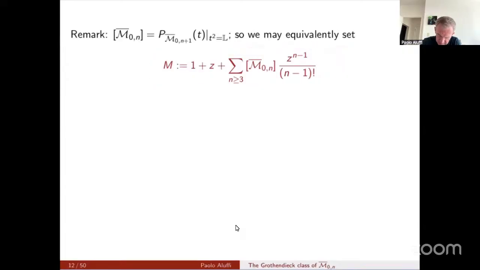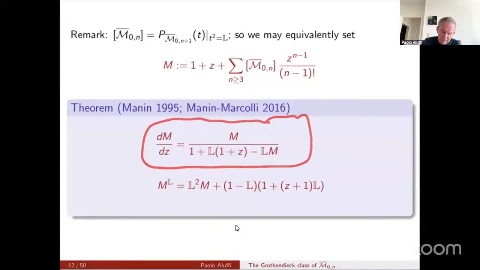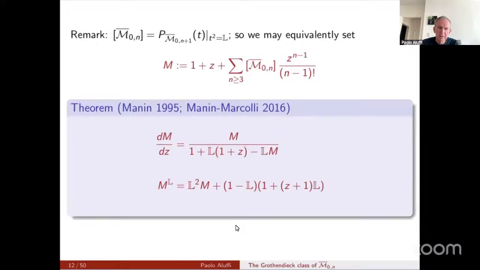and I can state Manin's results in the version that Manin and Marcolli obtained a little later. So the derivative of M with respect to z is this rather simple expression involving the function you are after and the Lefschetz class.